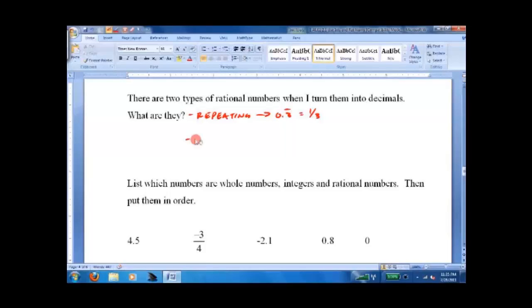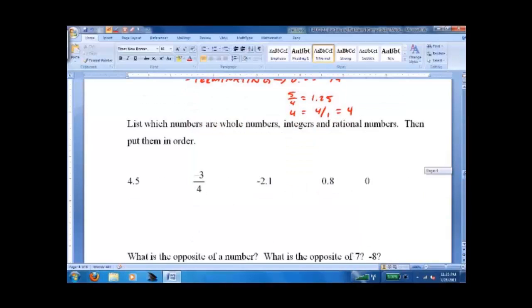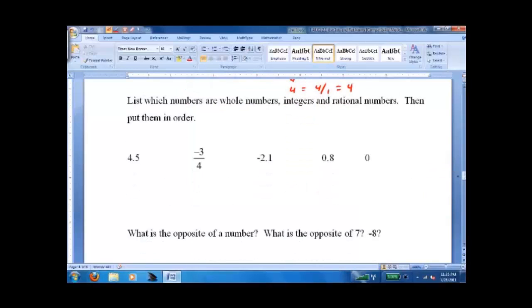And they are terminating, like 0.25, which is 1/4, or 5/4, which is 1.25, or the number 4, which you could write as 4/1, but we just write as 4. Those are all terminating.